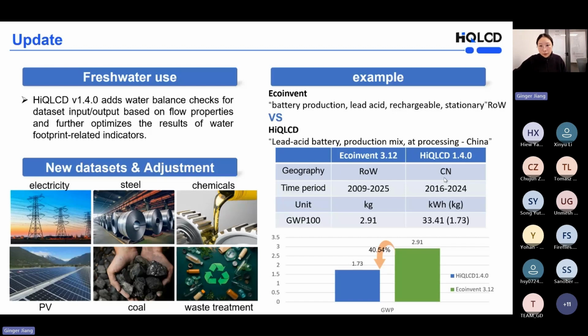And for dataset updates, we have updated over 1,000 electricity datasets using activity data from the 2023 China Electric Power Yearbook. And for the steel sector, key process parameters such as blast furnace iron making have been revised based on the China Iron and Steel Industry Yearbook.